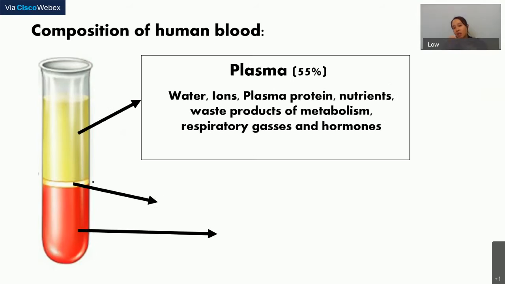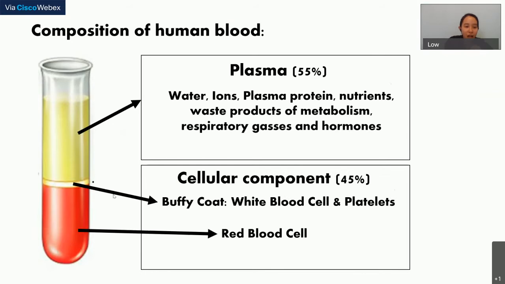The first part is the plasma, which takes up 55% of your blood, and contains water, iron, plasma protein, nutrients, waste products of metabolism, respiratory gases such as oxygen and carbon dioxide, and hormones. The other 2 layers are cellular components which make up the remaining part of the blood.